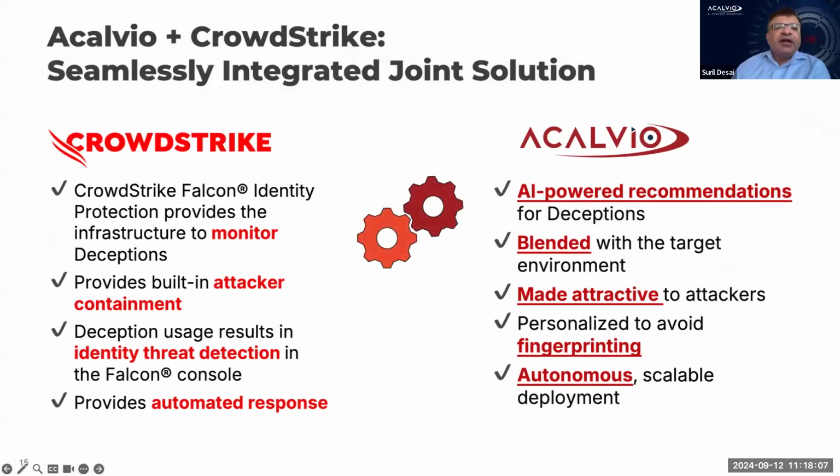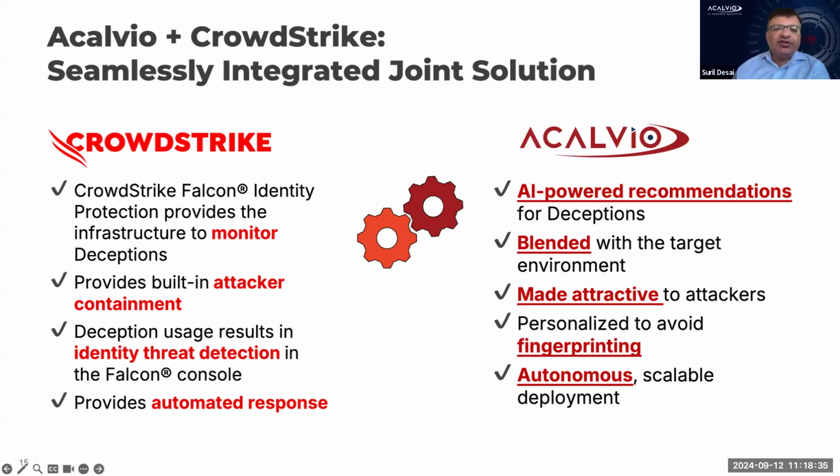Thanks, Ken. So we'll discuss the joint solution from CrowdStrike and Acalvio to automate honey tokens as part of identity threat detection offering. In this solution, CrowdStrike Identity Protection has added the infrastructure to monitor a honey token account and watch for usage of that.